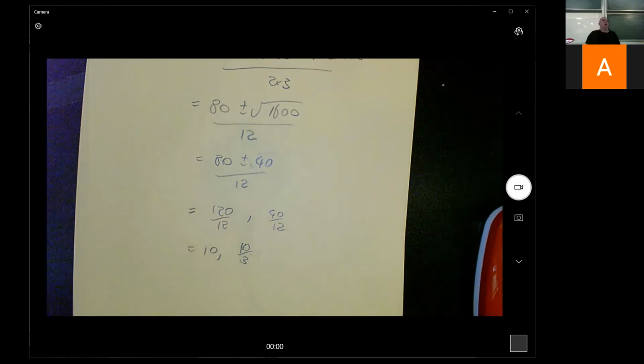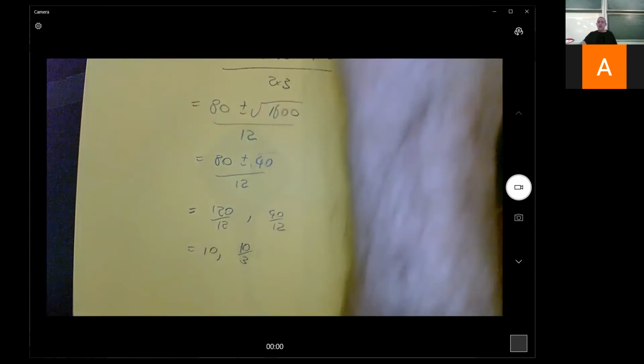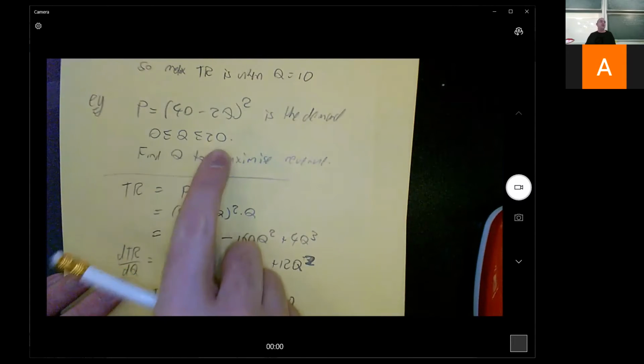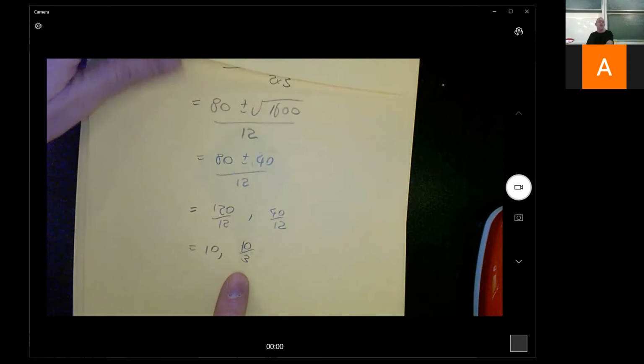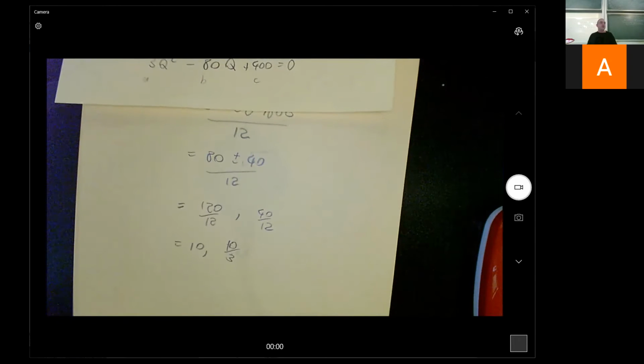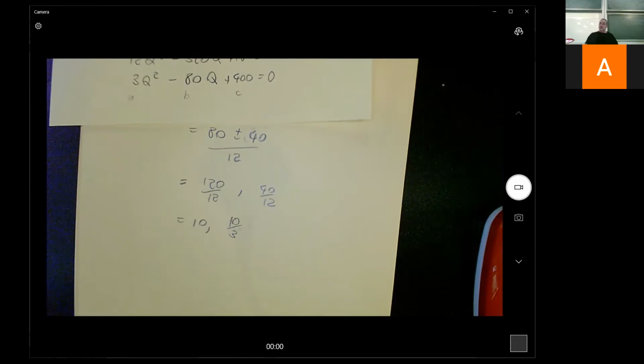Oh, cool. Okay, so both of those are actually possible, which is interesting. Well, I was hoping that one of them would fall outside the zone from 0 to 20, in which case I'd be allowed to ignore it because it doesn't count for the quantities that are possible. The maximum would happen at this place, or when Q is one of the two ends. Yeah, so I'm not 100% sure what's going on here.